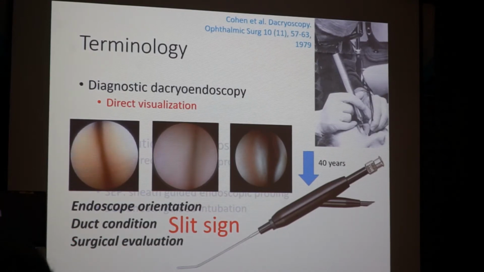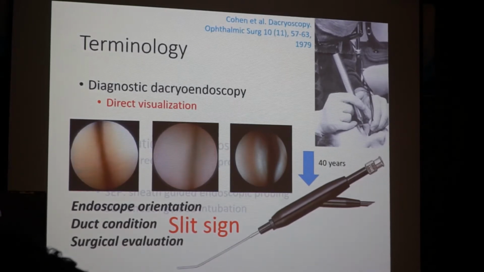Basically, inside the lacrimal passage can be seen just like a hole everywhere. Canaliculi, lacrimal sac, nasolacrimal duct, everywhere can be seen like a hole.